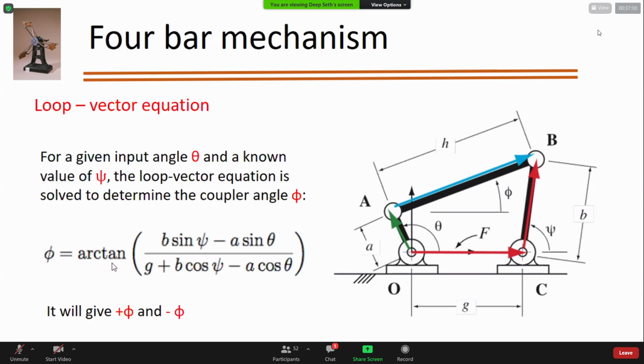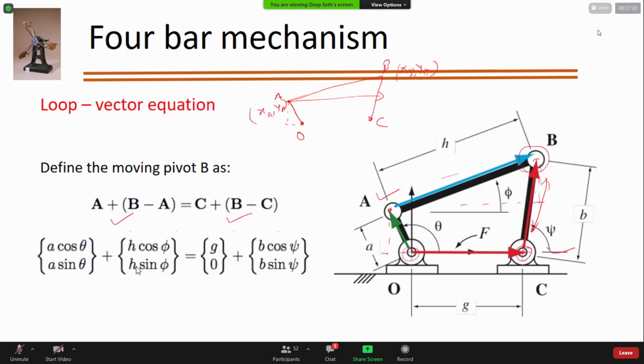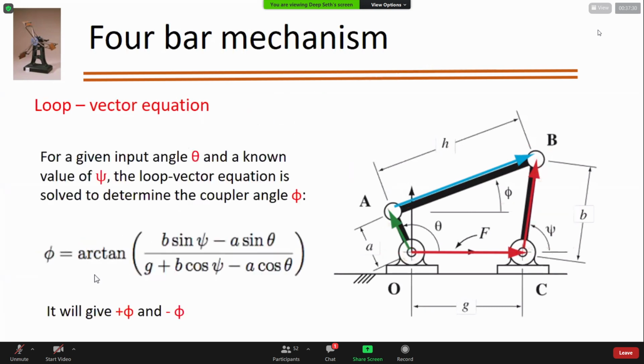We are using arctan here because you will have two positions of this phi, one positive and one negative. For each position you are defining it with respect to X and Y, in terms of cos theta and sin theta, so you will get different values for the same theta.